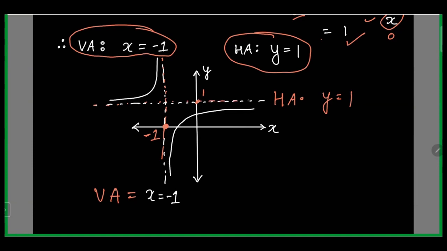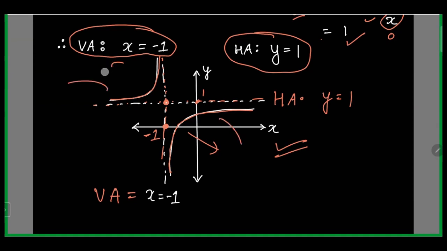Once you know these two lines, all you need to do is make one graph on this side of the lines and another graph on the other side. So this is the intersection of the lines. One graph is on this side of the intersection and the other graph is on the other side. Just make the two curves like this and you have got your hyperbolic graph.